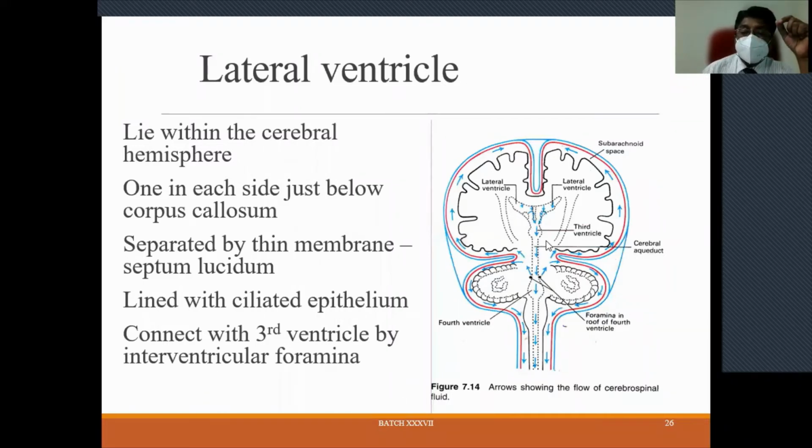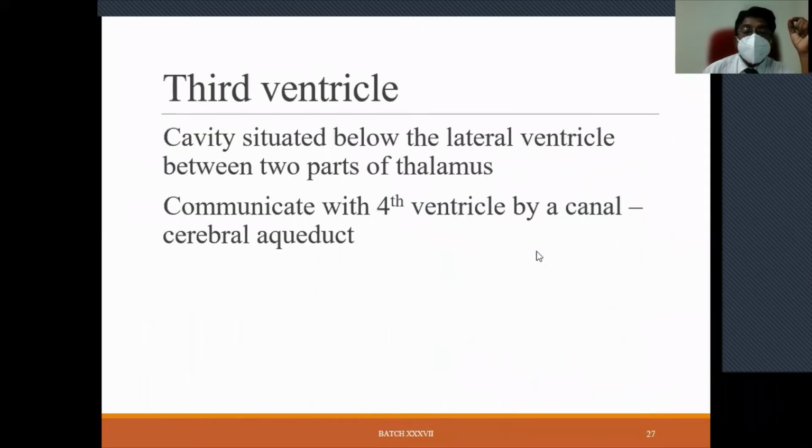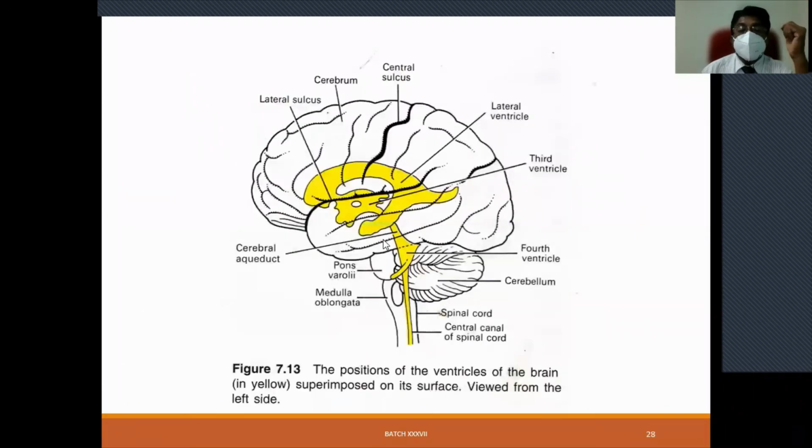That is called the cerebral aqueduct. So it communicates with the fourth ventricle by the canal called the cerebral aqueduct, and here also you can see that the cerebral aqueduct is fairly long.